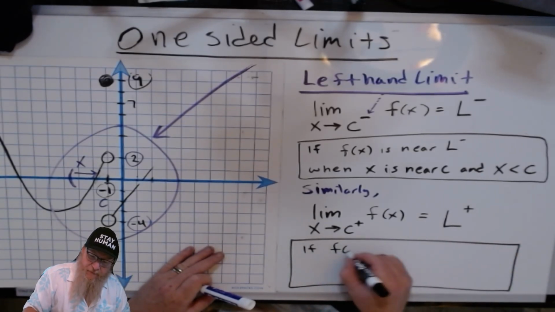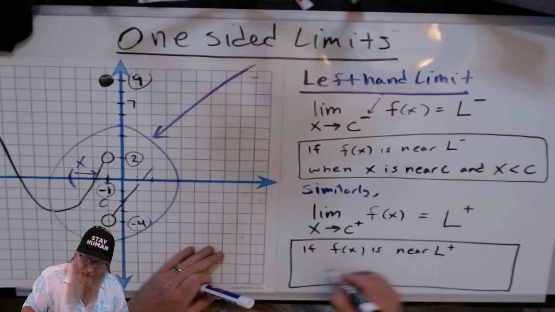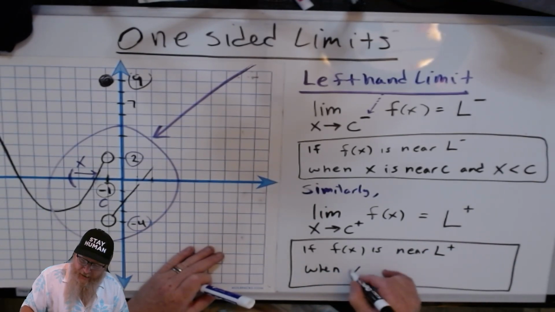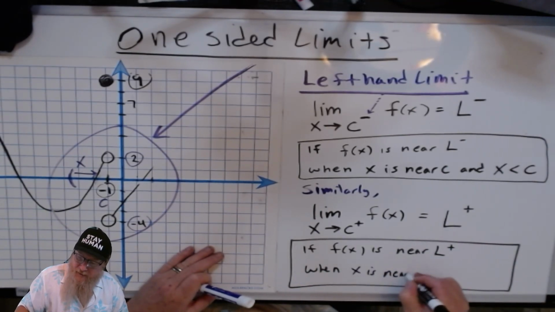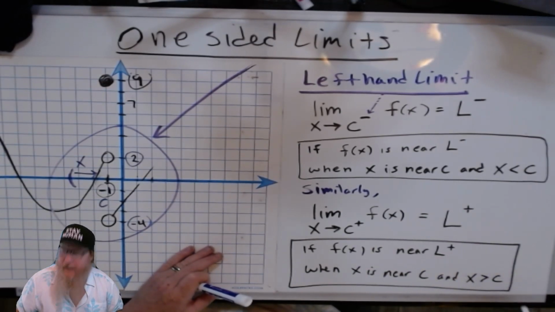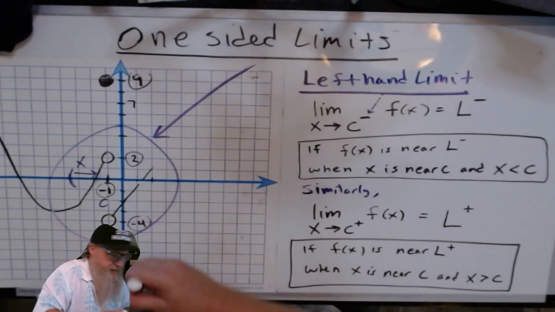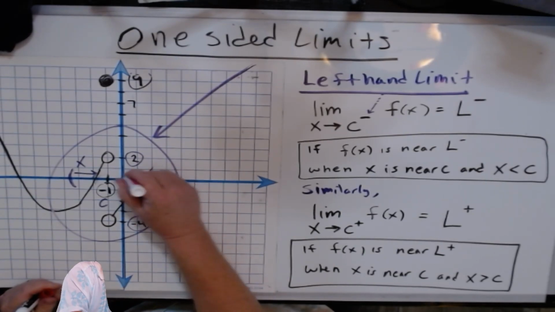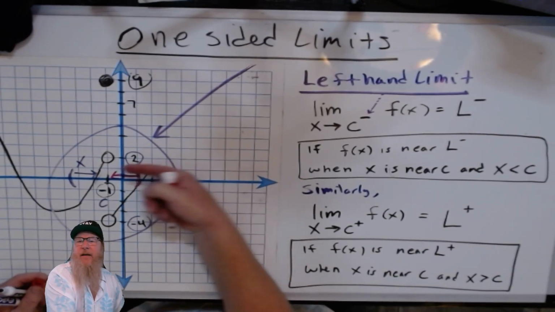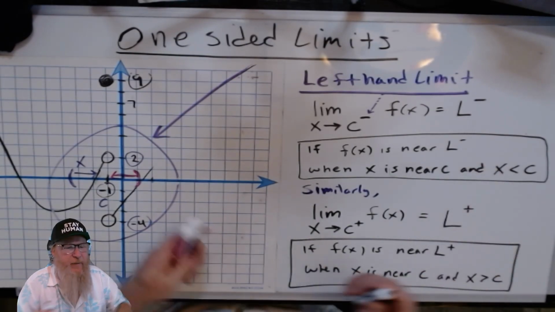If f of x is near L plus, when x is near c and x is greater than c. So that would be on this side, approaching the c from the right-hand side. So those are what we call the one-sided limits.